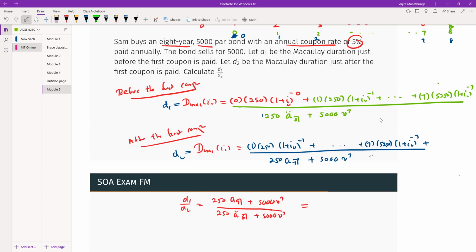Basically, that's what we want to find. Now we can calculate these quantities using our calculator. Let's see what we get. Let me use the calculator.